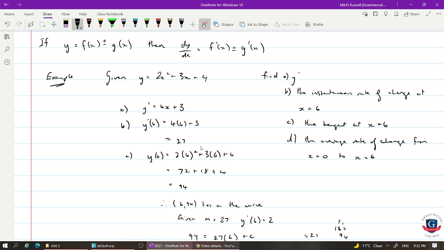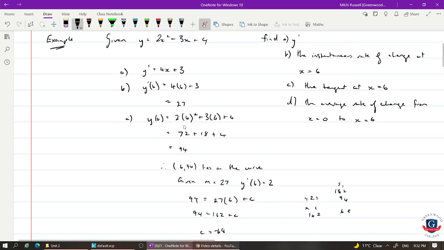To solve this question, we need the tangent at x equals 6. Got to be careful with this, because we know what x is, we don't know what y is yet, so to find out y we can substitute into the original equation, and then use that to help us find the equation of the tangent. So let's do it. y6, put 6 in here and here, end up with 94.